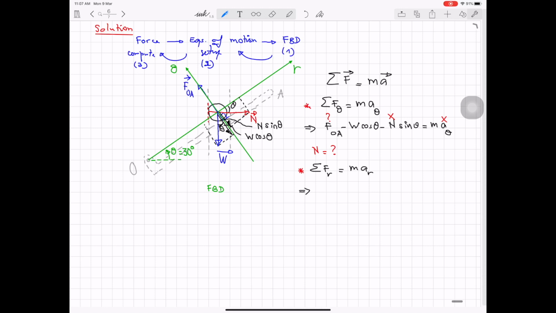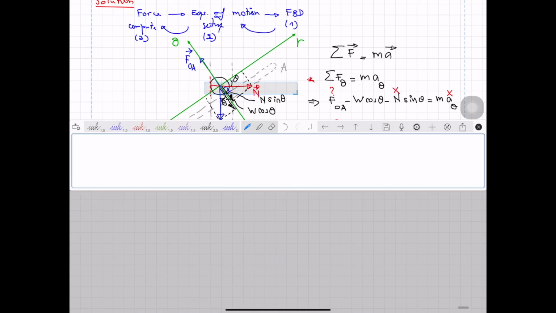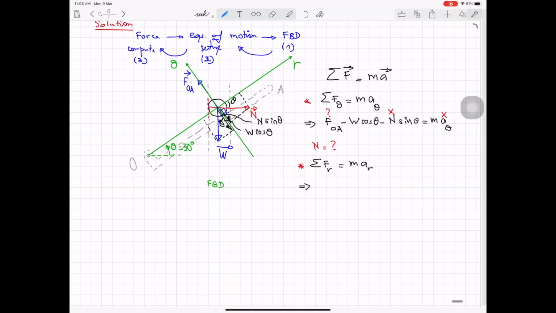We have first no component of F_OA on the radial axis, so I'm left only with two components. We have W sine theta, and this is negative, and we have another component of the normal reaction force on the radial axis.